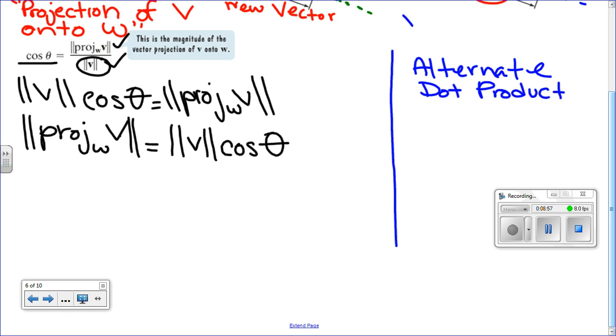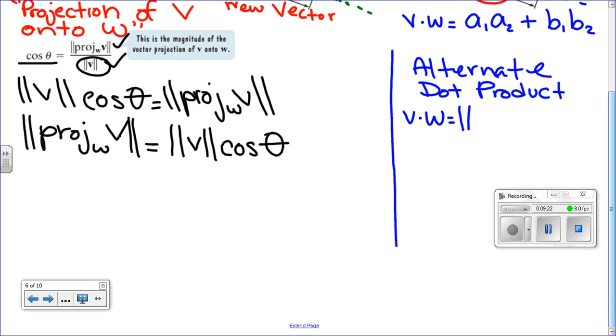One of them is like you take the A components or the coefficient of the I components, you multiply them, and then you take the coefficients of the J components and you multiply them, right? The alternate formula for the dot product is it's something like you multiply the two magnitudes, and we found it by using the law of cosines.